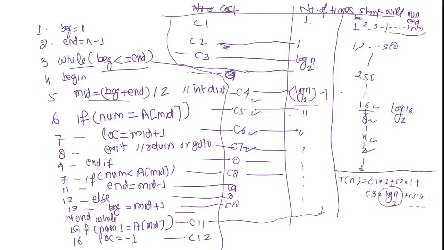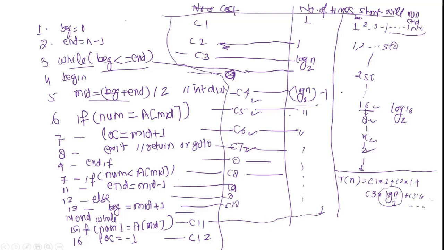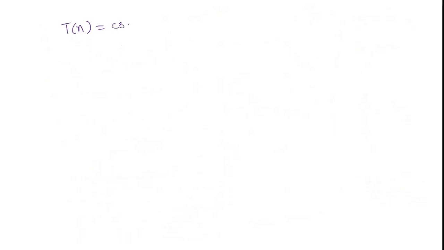So we are finding that we will get an expression like this: time taken to search n elements, Tn, is equal to some constant, like C3 into log n, plus something like C5 plus something, means some constants will be there, into log n base 2, here plus and minus.